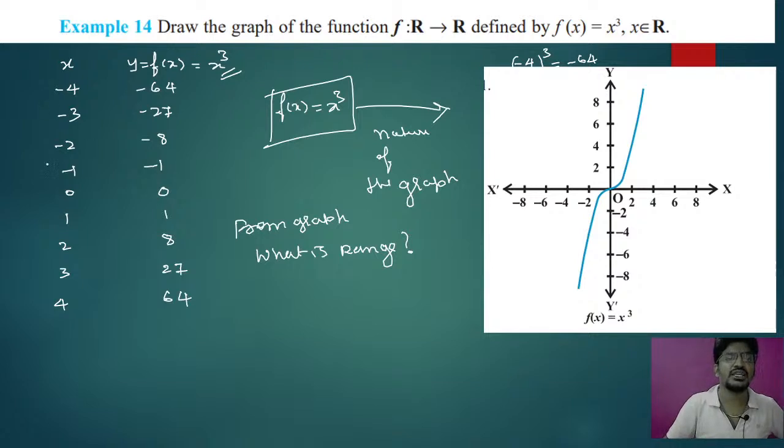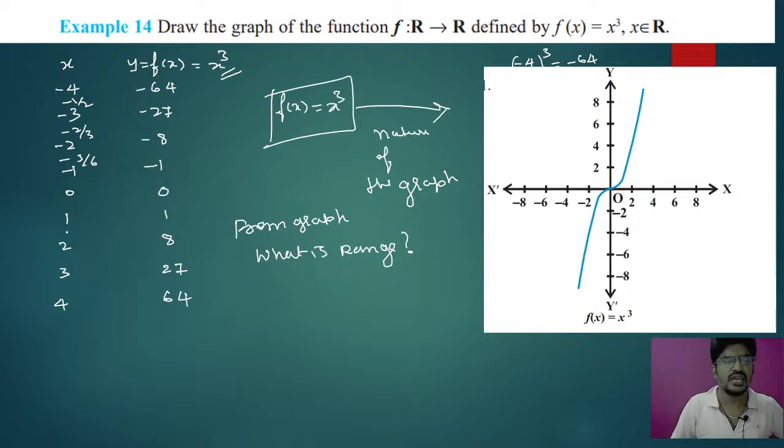Here we have taken integers, but no problem. You see the nature of the graph. I can take here minus 1 by 2 also. I can take here minus 2 by 3 also. Are you getting my point? I can take here minus 3 by 6 also. Just see the diagram.